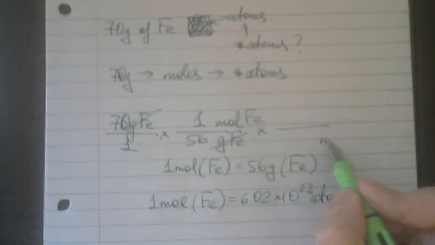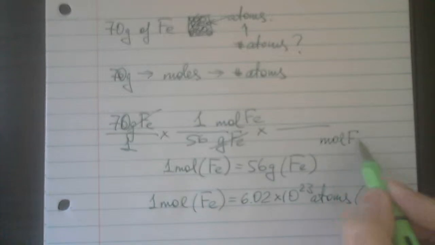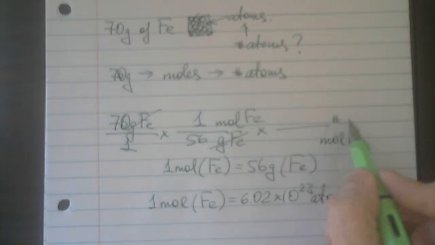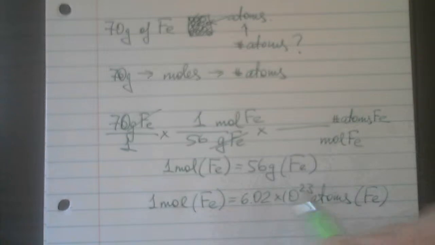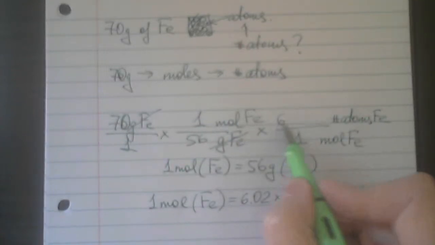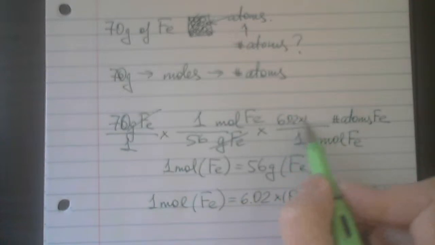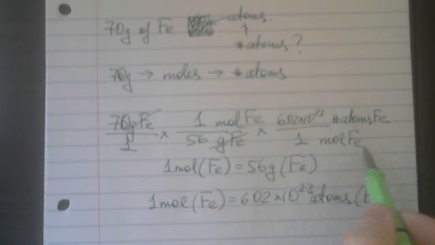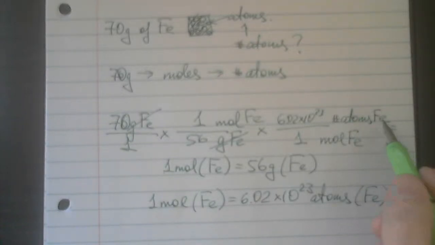I want moles of iron to be cancelled out. I'm placing that into the denominator, and number of atoms of iron I'm placing in the numerator. So 1 mole contains 6.02 times 10 to the power of 23 atoms. That's it. This is my entire conversion.